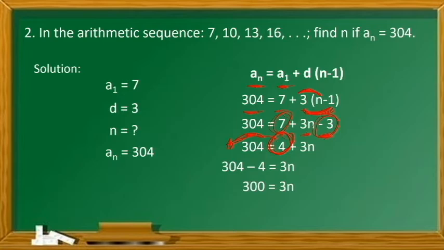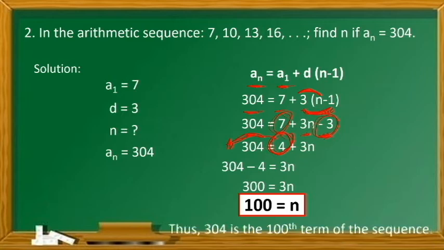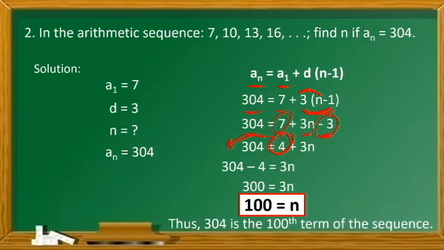So in this solution, we will divide now both sides by 3 to solve for n. We cancel 3. Then we have now n is equal to 100. Thus, 304 is the 100th term of the sequence.